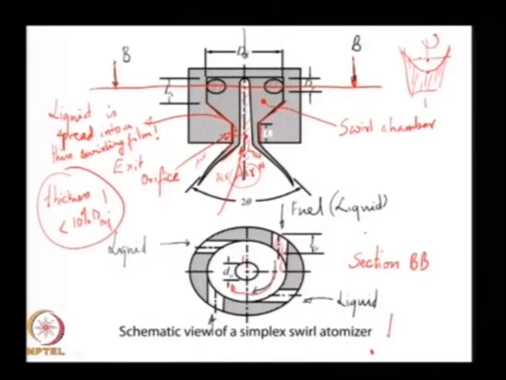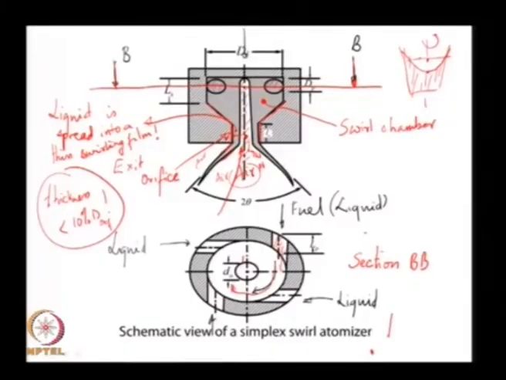Okay. The objective of the swirl was twofold: A, to spread the liquid out into a thin film, and B, increase the interfacial area of interaction, and C, because of the actual kinetic energy, remember we said this kinetic energy thing is a bad thing.